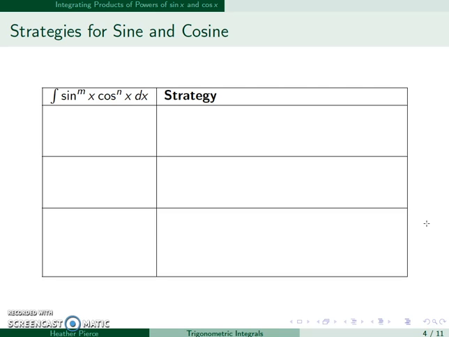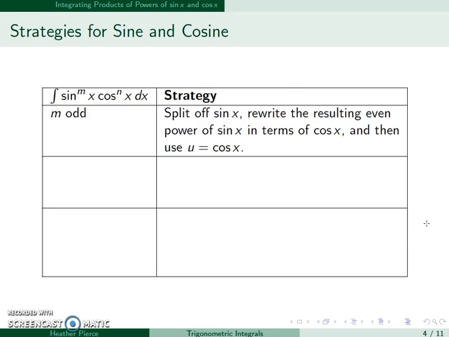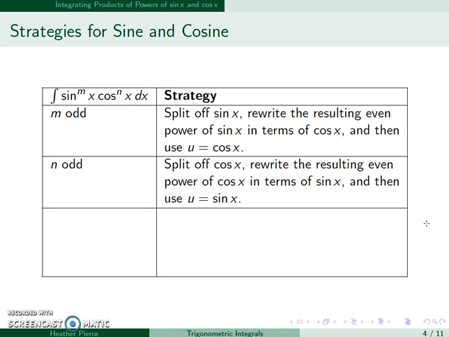So some strategies for sine and cosine. If I try to integrate sine to the m power times cosine to the n power dx, well, if the power of sine is odd, then I should split off a sine x and write the resulting even power of sine x in terms of cosine x, and then use the substitution u equals cosine x. This is what I did in my first example. If n is odd, so the power of cosine is odd, I'll split off a cosine x and write the resulting even powers of cosine x in terms of sine x, and then use u equals sine x.